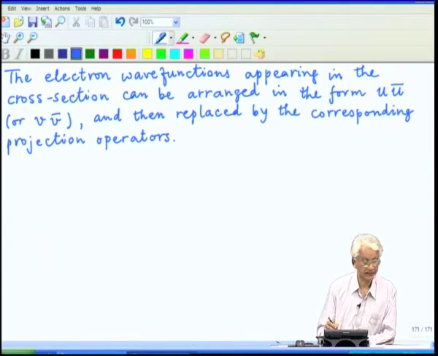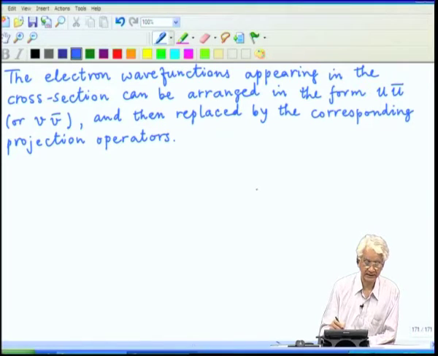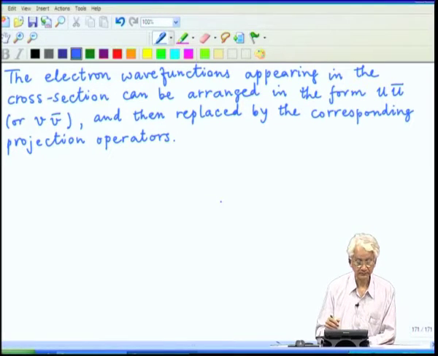And I will just illustrate in one particular case, and that happens to be the case of unpolarized scattering, in which case both the spin projections appear with equal likelihood, and so they are summed over, they sum up to the identity, and the only projection operator remaining after that is the energy projection operator. So, if it is an electron, it will be p slash plus m divided by 2 m, and if it is a positron, it will be p slash minus m divided by 2 m.